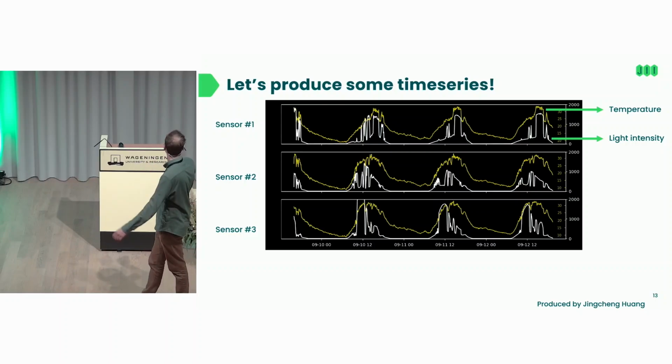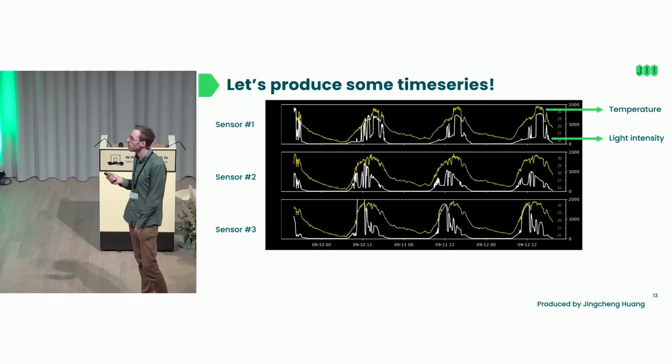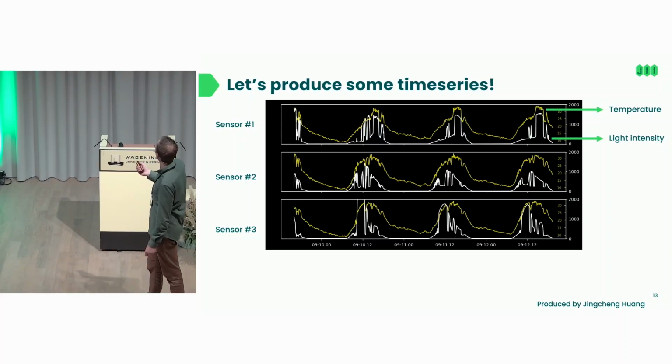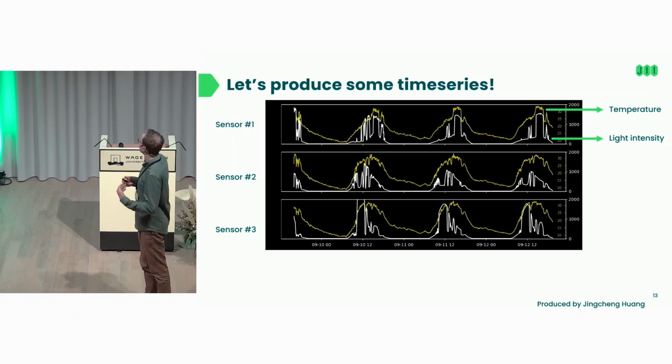My colleague Ching Cheng had 3 of these sensors as a trial out in the field. And the interesting thing is this is not only measuring photosynthetic processes, it's also its own little weather station. These are placed quite closely together in a crop. You can see it measures temperature and light intensity, and while at some points certain light flecks are present, you can see that it quite differs between these sensors, so it's already quite complicated.